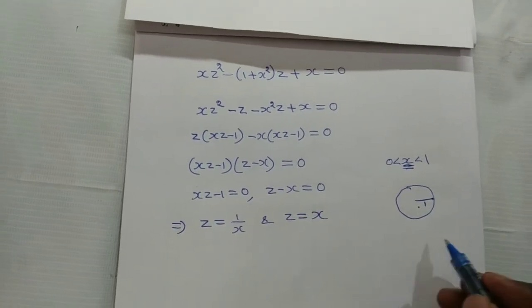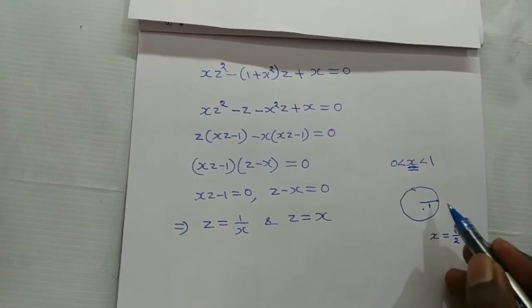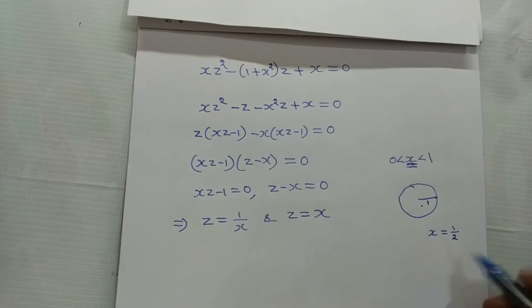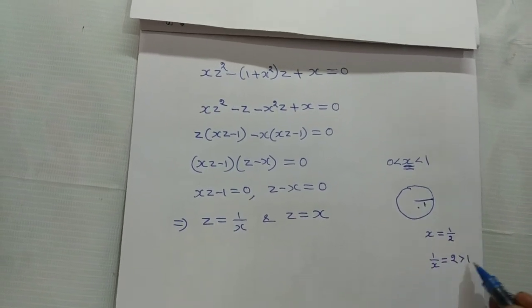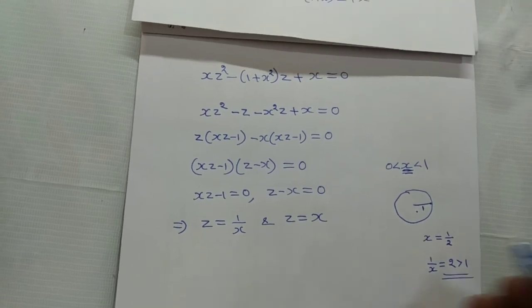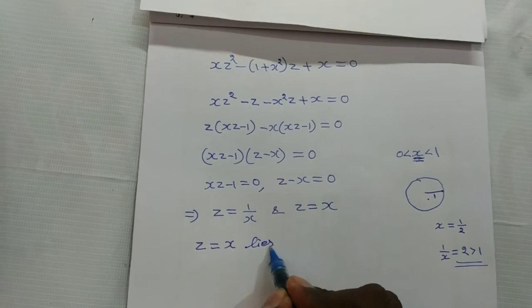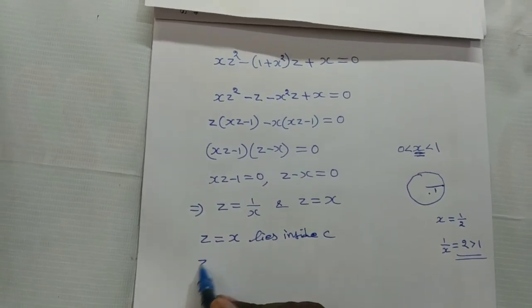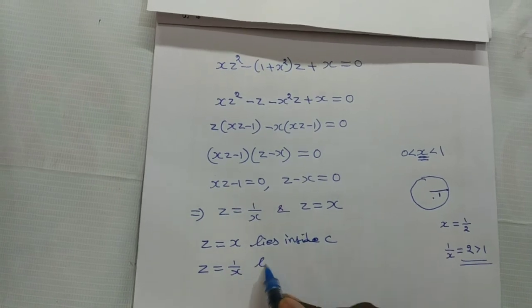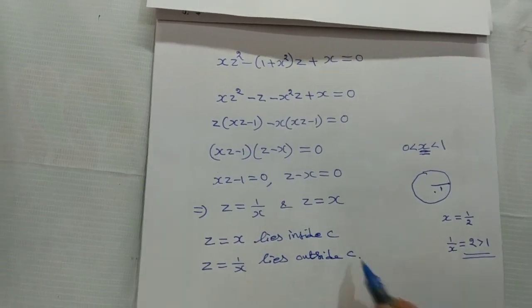For example, suppose x = 1/2, which is less than 1. Then 1/x is 2, which is greater than 1, so it lies outside C. Therefore z = x lies inside the circle C, but z = 1/x lies outside C.